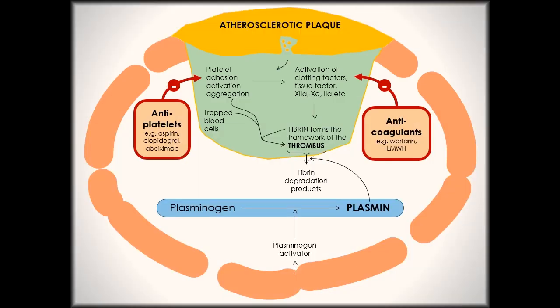The second group of drugs that we use are the anticoagulants like warfarin or low molecular weight heparin. These also act to prevent thrombus formation by reducing the activation of the clotting factors.